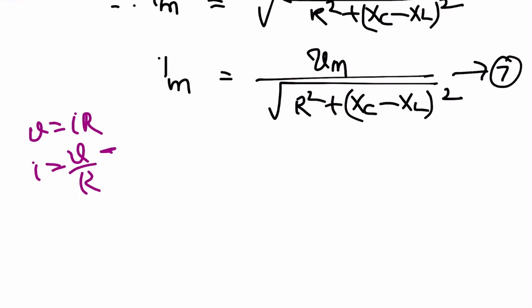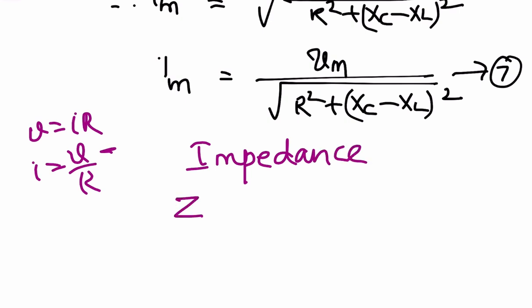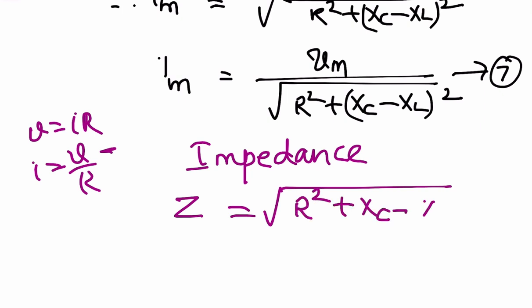So impedance of the circuit is given by the letter Z. Z is equal to under root R square plus Xc minus Xl whole square. Equation number 8. So with these values we got the resistance value also.